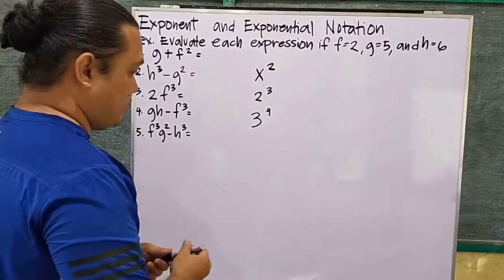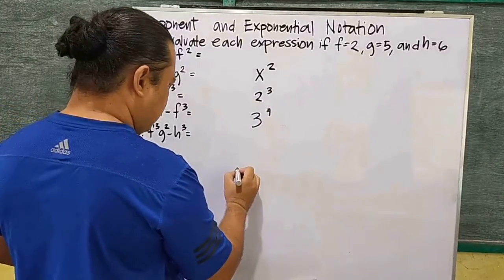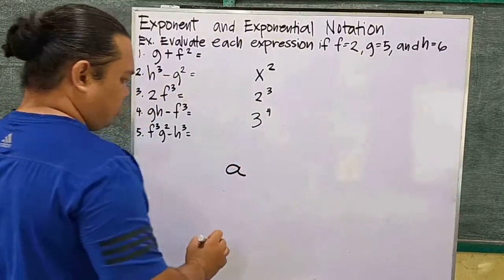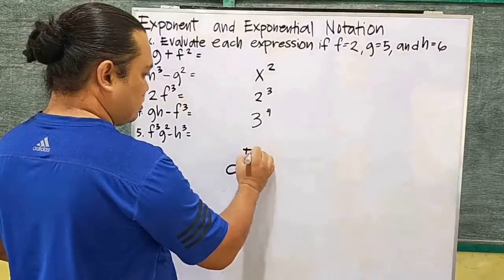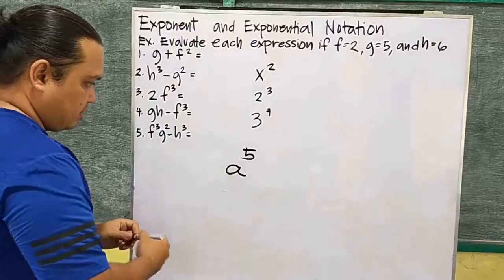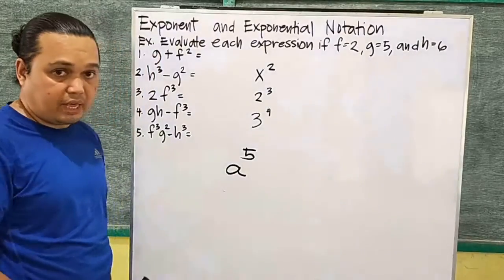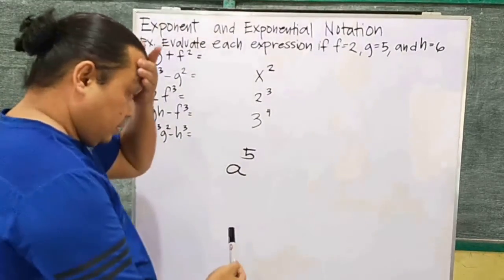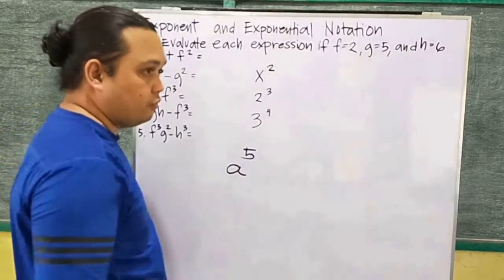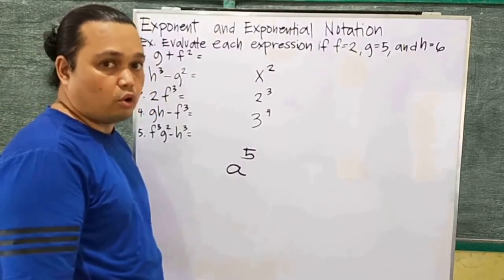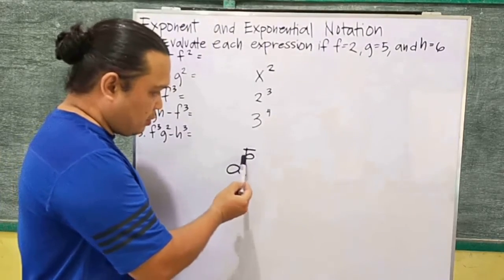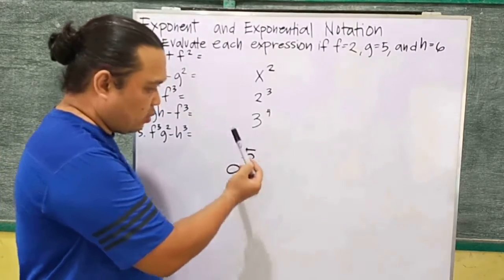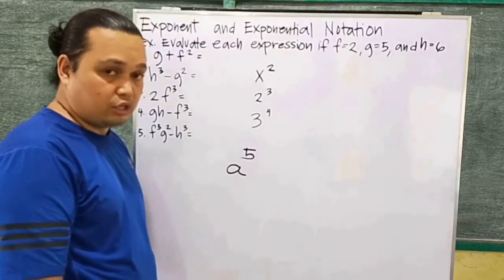For example, we have a, the letter a as a variable or a number, raised to the power of 5. So we have a for the base, 5 for the exponent or the power, and a raised to the power of 5 is our exponential notation.